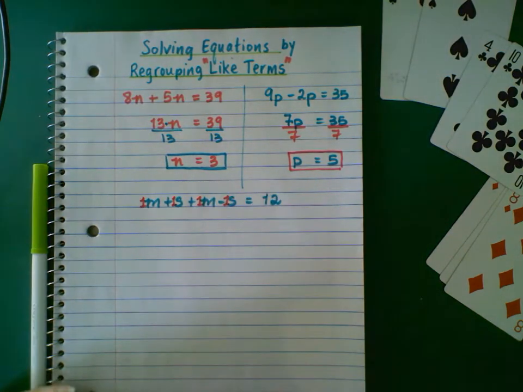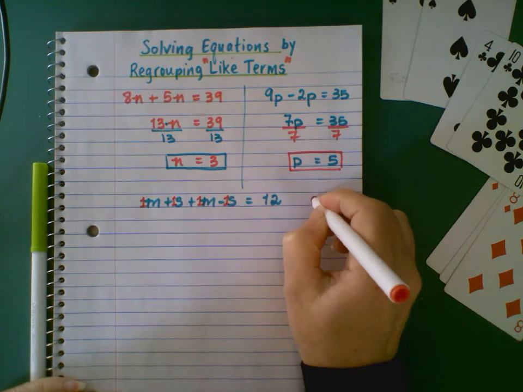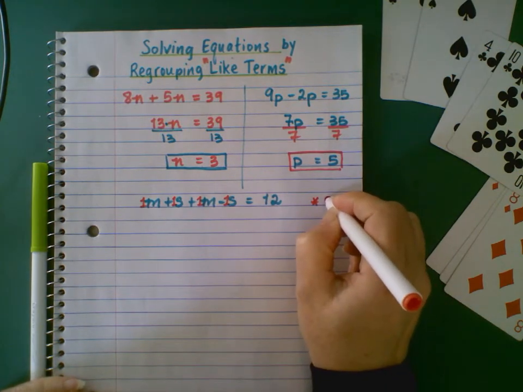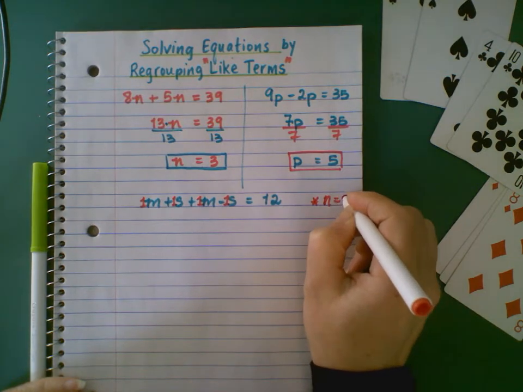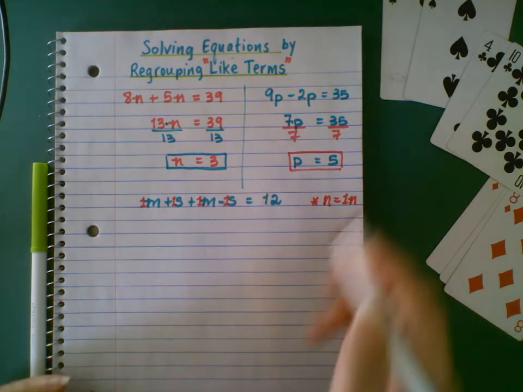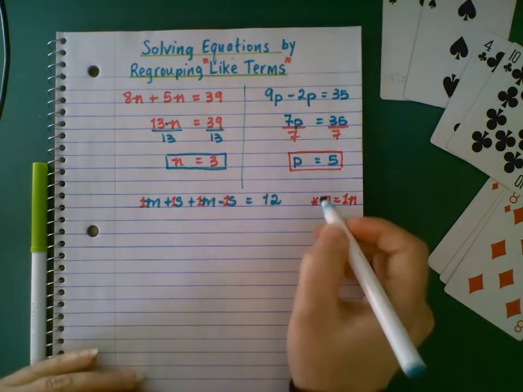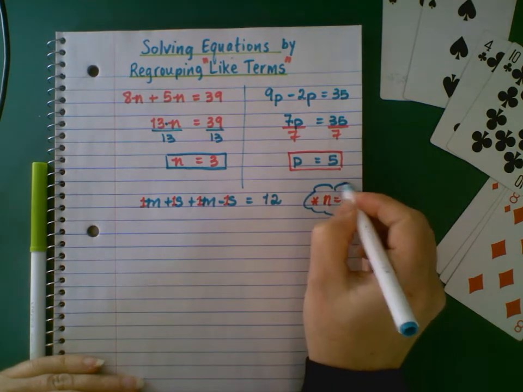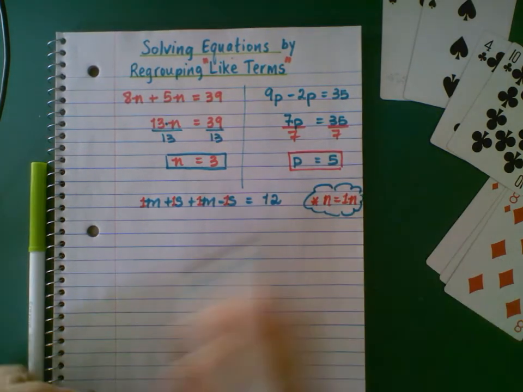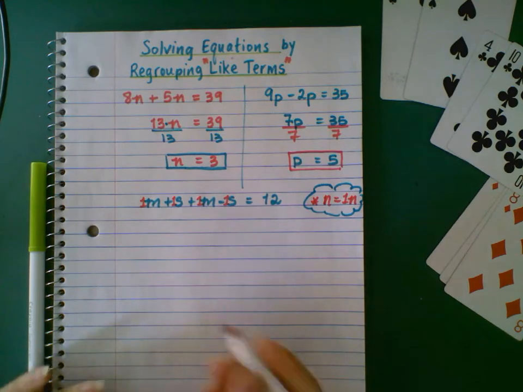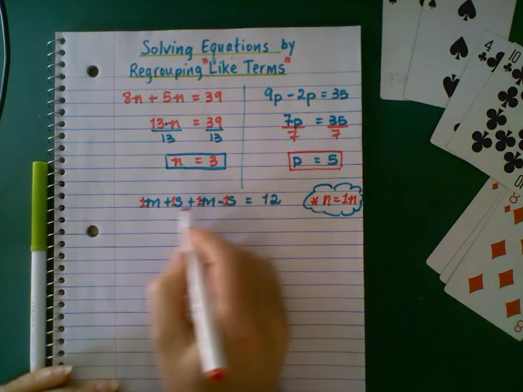You don't need to write the 1, but it can be helpful. So I'm going to make a little note here on the side that a variable like n is the same as 1n.